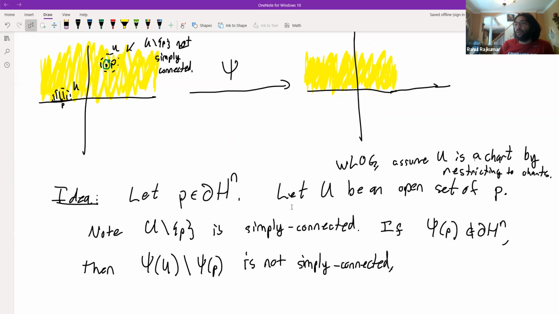I might be mixing up an ordering there in order to apply the invariance of domain argument. But looking at this one, I'm pretty sure he was thinking invariance of domain. But I also barely know how to use invariance of domain.